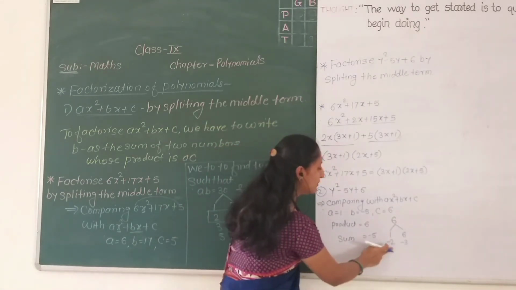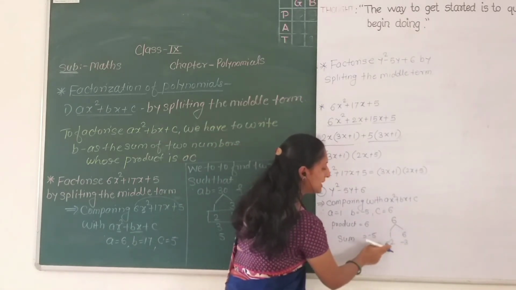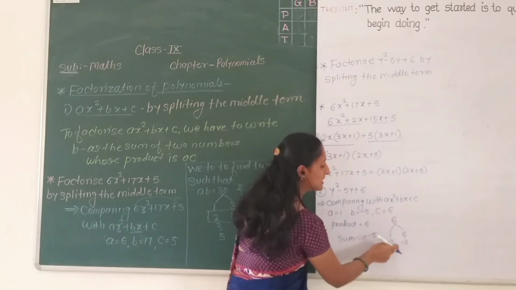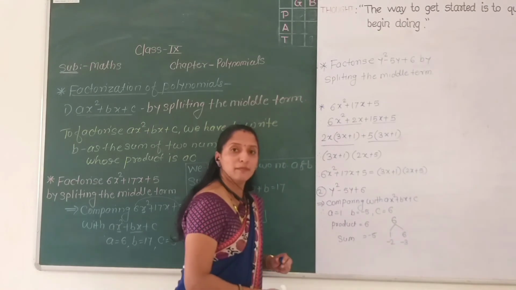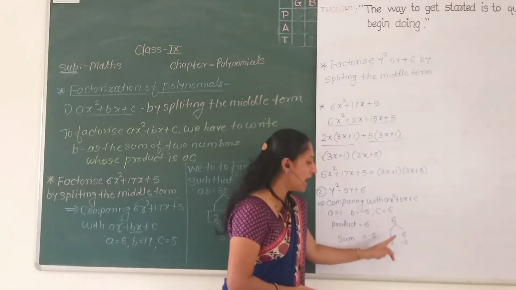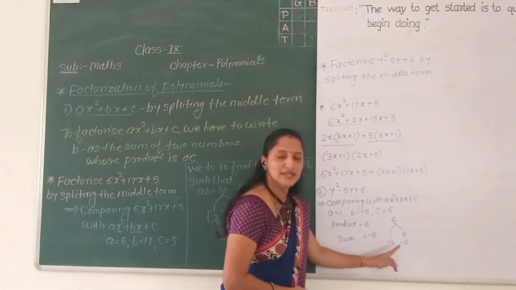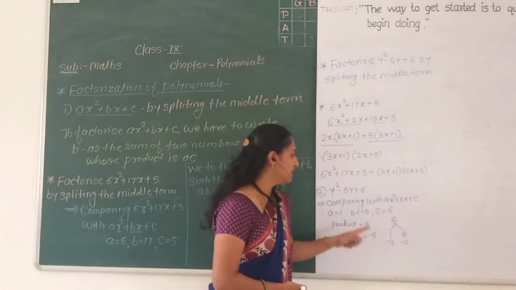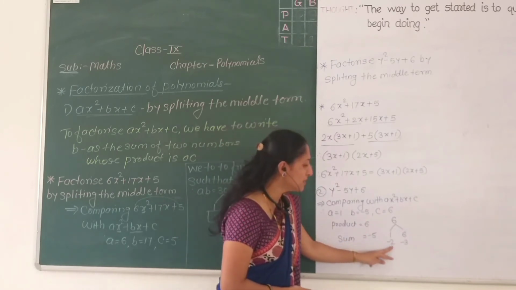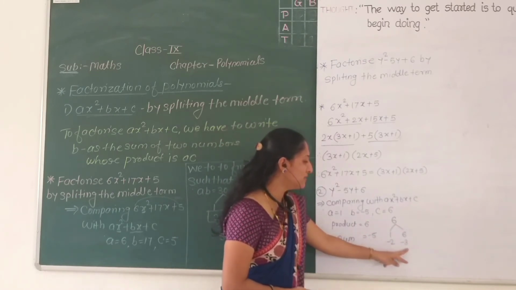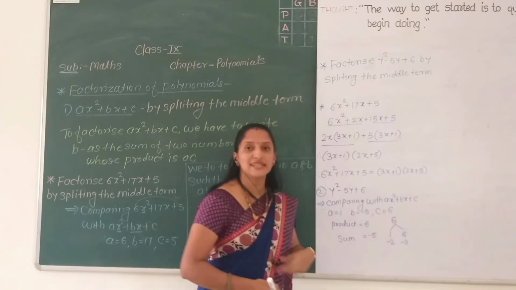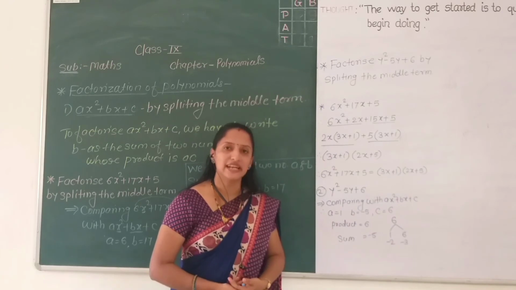Since -2 into -3, the product is positive. If both the numbers are negative, in multiplication negative times negative is positive, and addition of these two numbers -2 and -3 is -5. So we get the two numbers -2 and -3, which give you the product 6 and the sum -5.